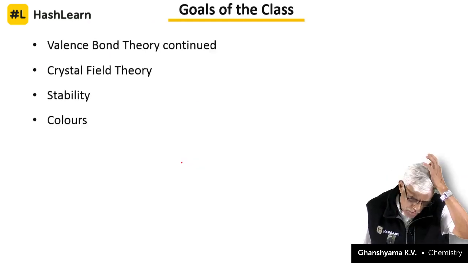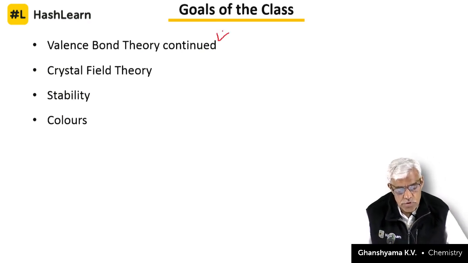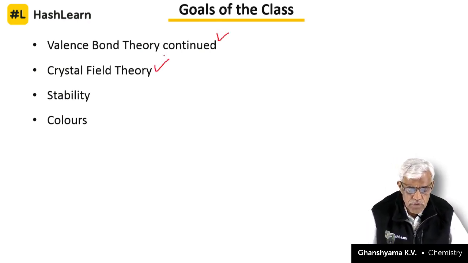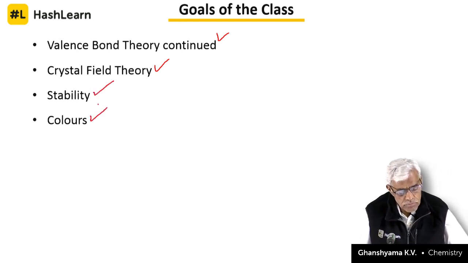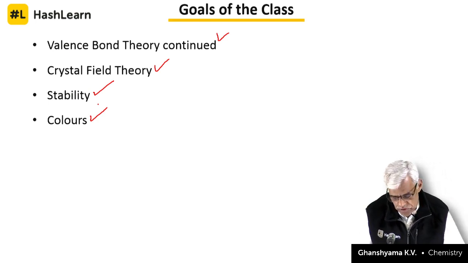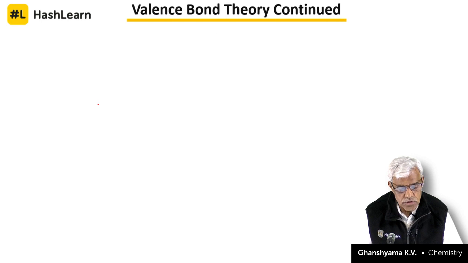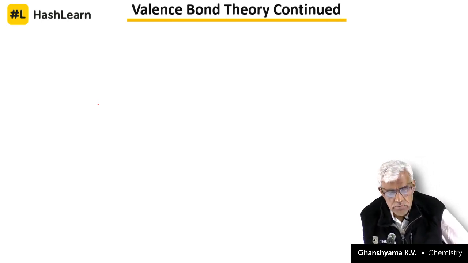So today I am going to take up valence bond theory of some more complex compounds. After that, the crystal field theory, then stability of the complexes and the colors exhibited by the complexes. Yes, let's start with the valence bond theory.